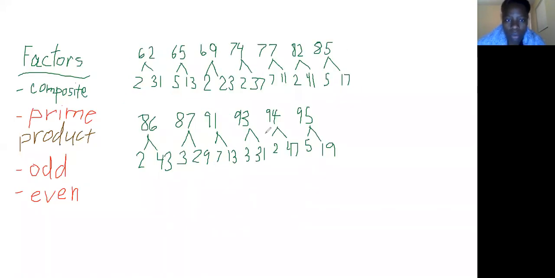Okay, so here are the remaining math facts less than 100 that have only 2 factors.